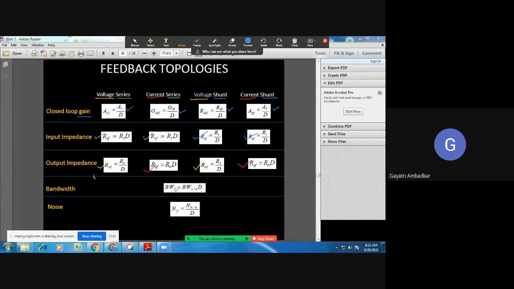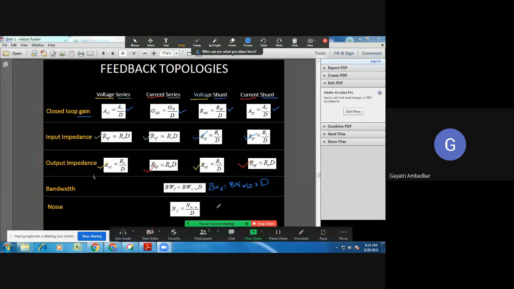Now, when I say bandwidth is increased, suppose the bandwidth of an amplifier without feedback, I indicate it by BW without feedback. With feedback, it is going to increase. So, bandwidth with feedback, BWF, is equal to bandwidth without feedback multiplied by factor D. Similarly, we say noise gets reduced.